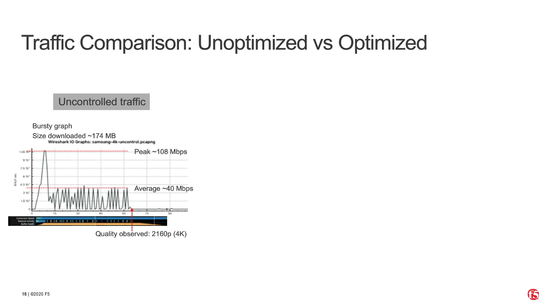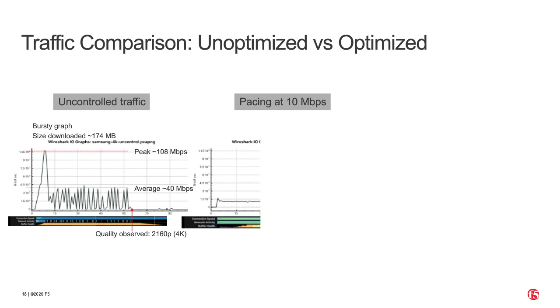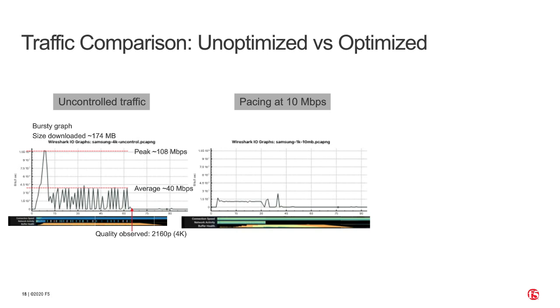Then we ran the same test, starting pacing at 10 megabit per second. As you see, the graph is much less bursty. The peak was 60 megabit per second, and the average was 10 megabit per second as expected, because we were pacing at 10 megabit per second. The graph was much smoother. The downloaded size, as you can see, was 55.